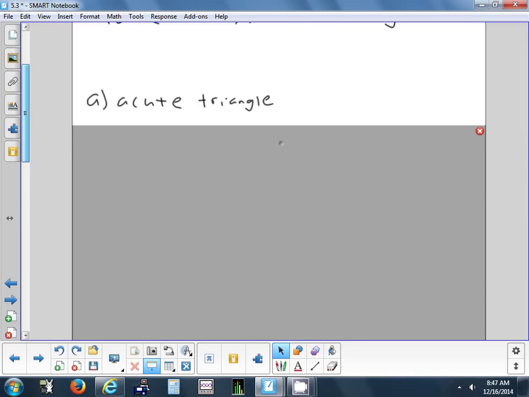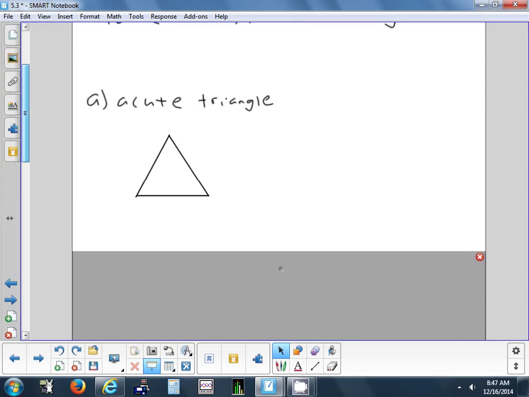Okay, so remember, we're not drawing bisectors here. We're drawing altitudes, right? From the vertex perpendicular. All right, so let's look at it. I did draw this one kind of looks equilateral, like the isosceles. But in general, all acute triangles are pretty much going to have the same pattern I'm about to show. So there's an altitude from the vertex perpendicular to the opposite side.